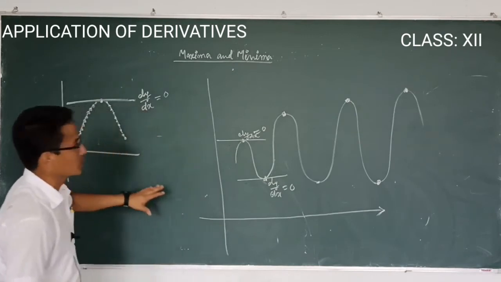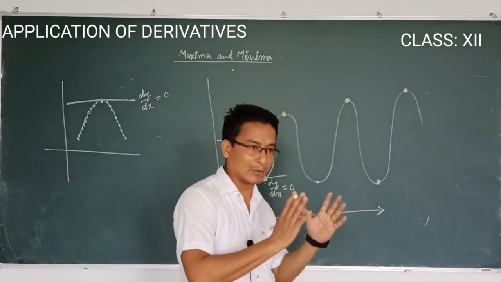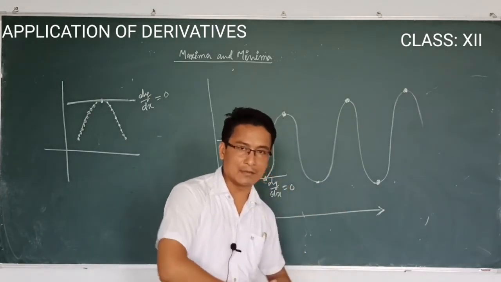For finding whether it is a maxima or minima point, we have to go for the second derivative test.